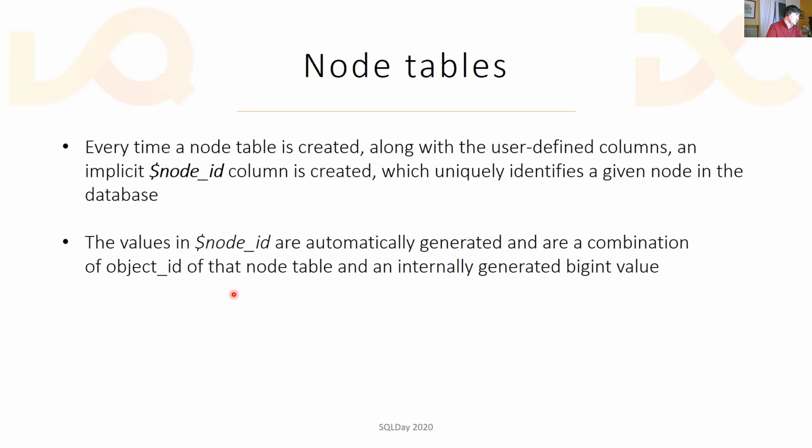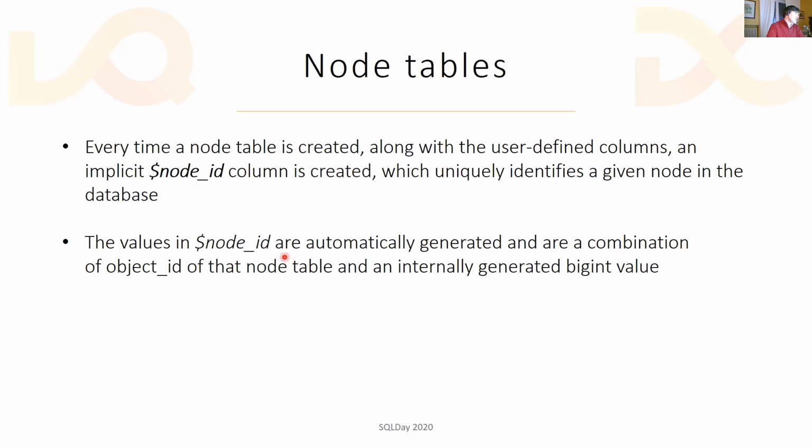What is important to know is that every time you create a node table, an internal node ID column is created for every row. This column identifies a specific node in the database.